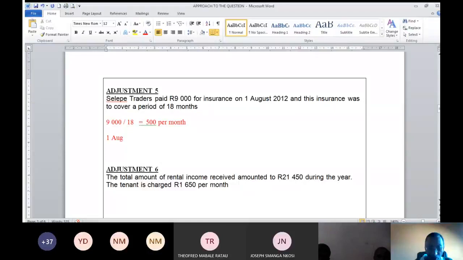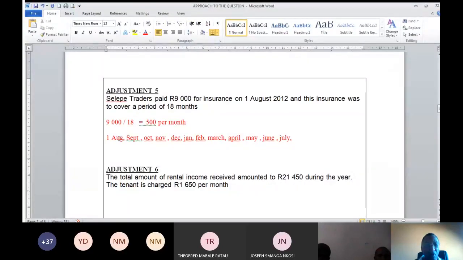So you paid for August, you paid for September, October, November, December, January and February, and you also paid for March, April, May, June, and July, and that is the end of the financial year.